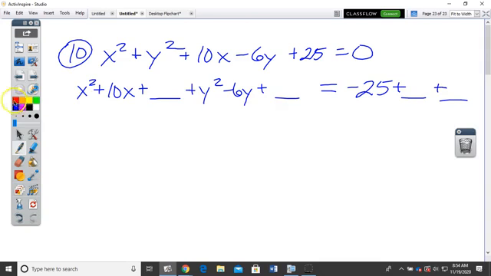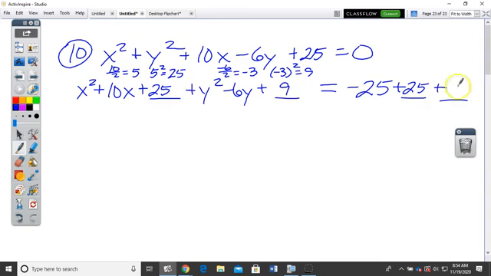So I take my 10 right here, divide it by 2. That's 5. 5 squared is 25. So 25 goes there and there. Same thing with the -6. Divide it by 2, you get -3. -3 squared is 9.